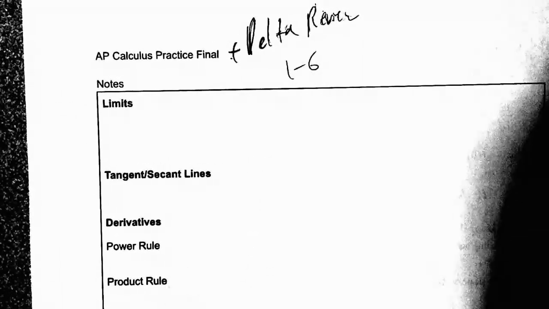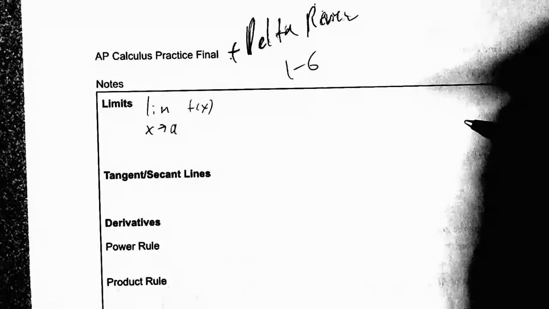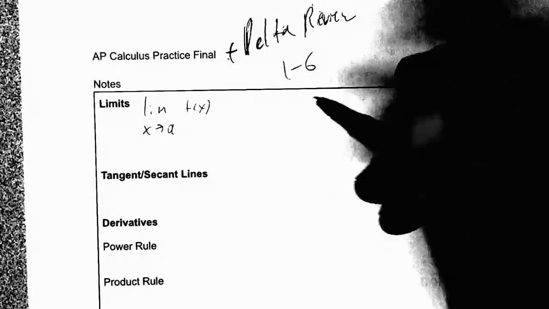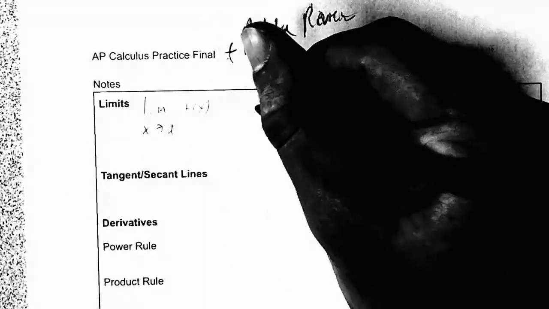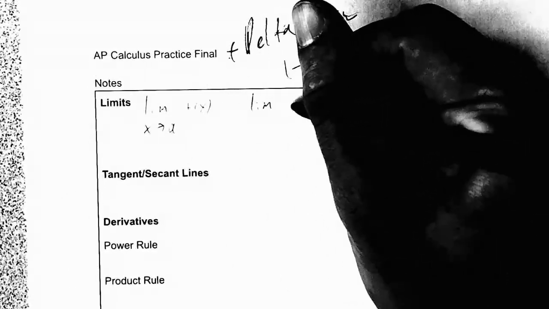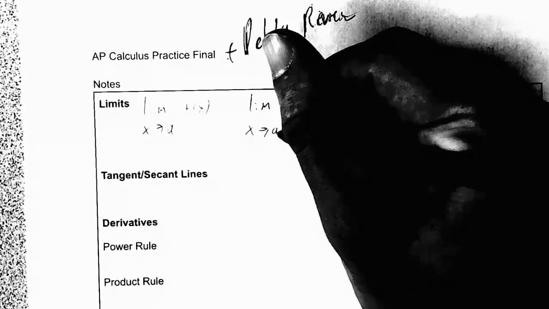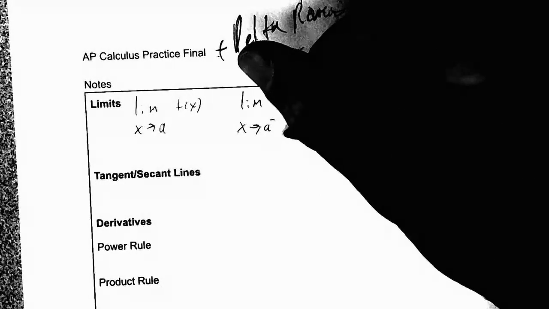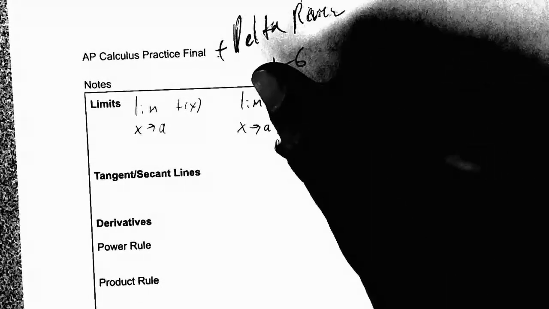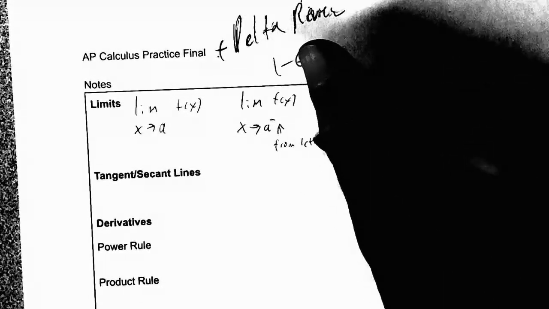So for limits, there's the notation. So we have limit as x approaches some a of f of x. Okay, this is the general notation. This means from both sides. Then you also have limit f of x as x approaches a with a little line there, like sort of a negative sign, and that means from left.